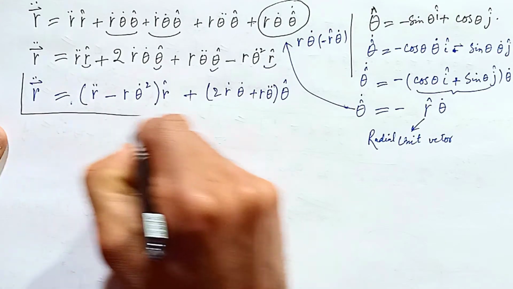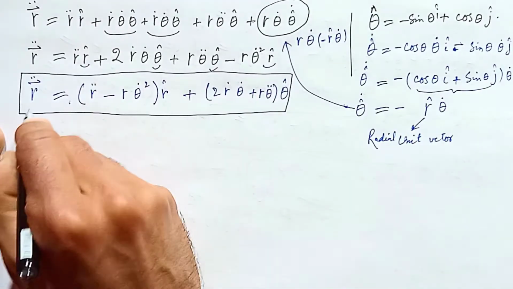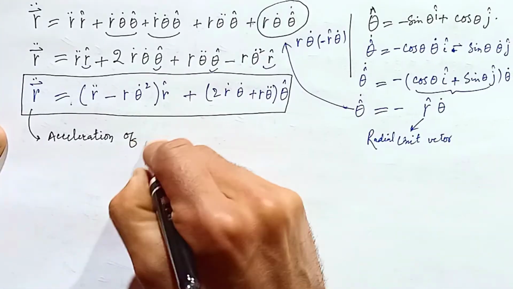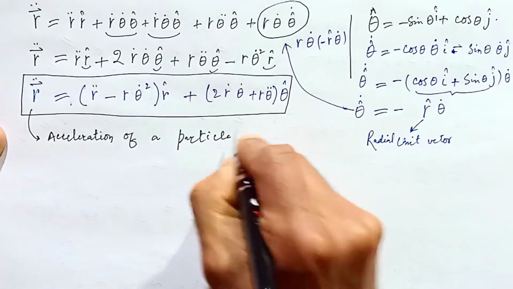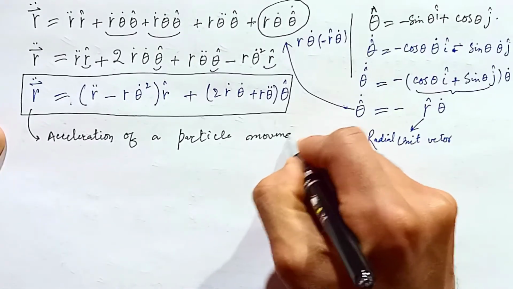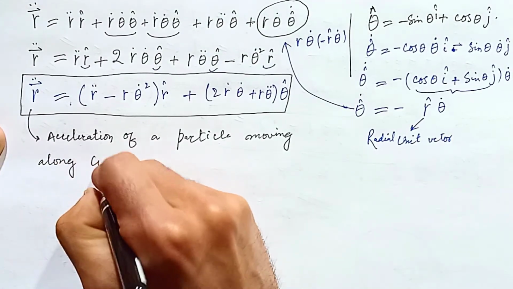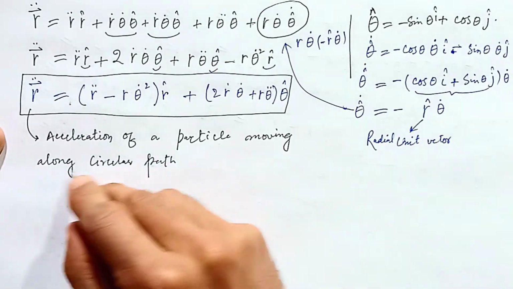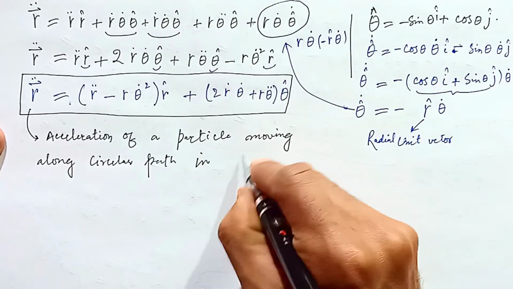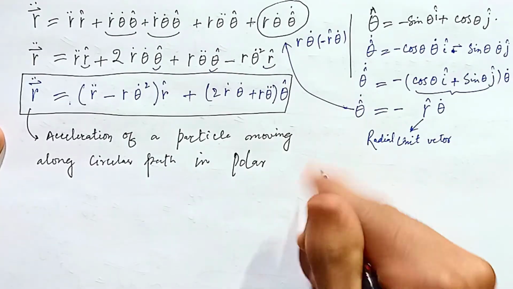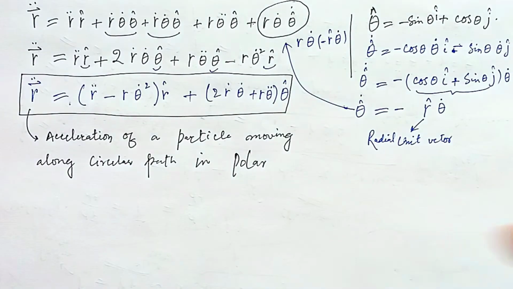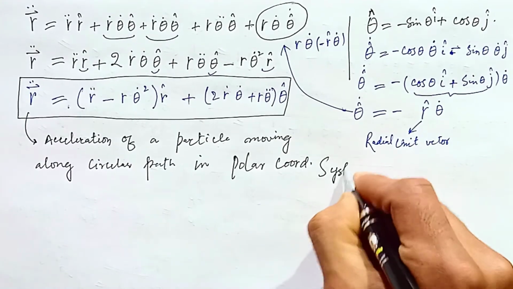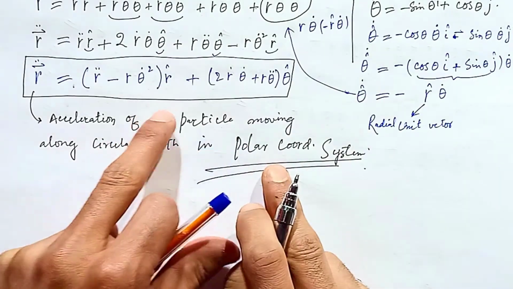This will give the acceleration of a particle moving along a circular path, but in the plane polar coordinate system, because we haven't considered 3D. So this will give the acceleration in the plane polar coordinate system.